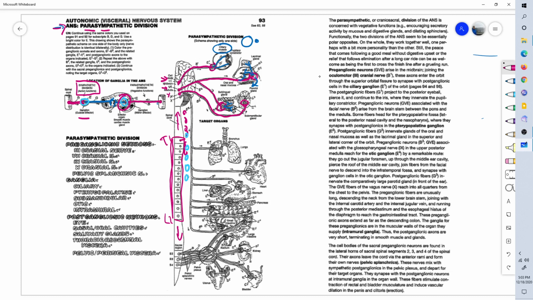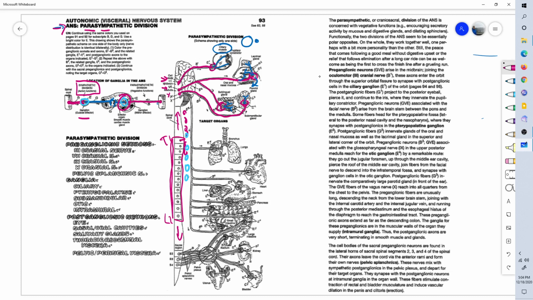This is the gland on the side of your cheek. And then a very short postganglionic neuron to stimulate more of that saliva and those digestive juices inside your mouth. When you see a juicy steak or a piece of candy and you start salivating, that's your parasympathetic nervous system at work, getting you ready for digestion.